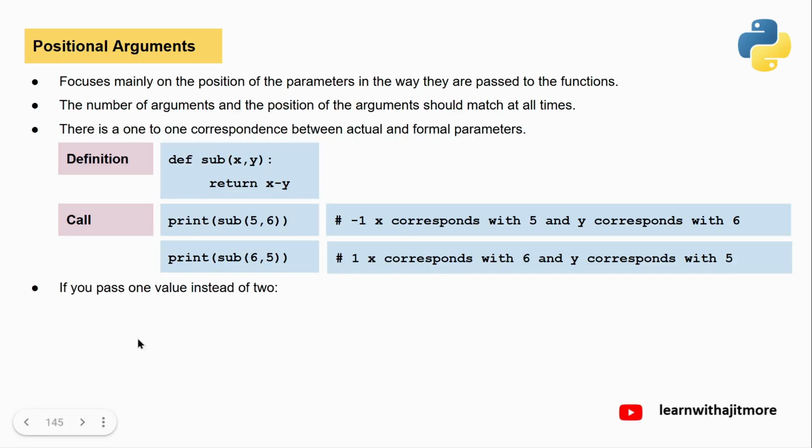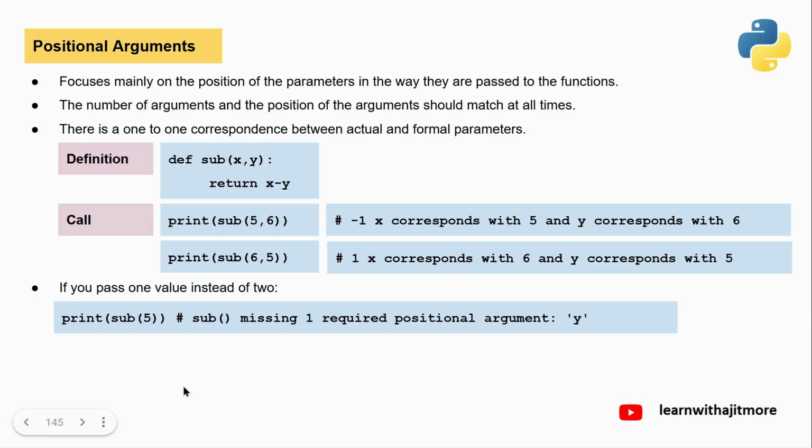Correct? And then I told you, if you pass more values or fewer values, how it works. If you pass one value instead of two, two are expected but one you give, it will give an error: missing value for positional argument y. See here, you're passing one less, sub 5, and you're not giving the second.